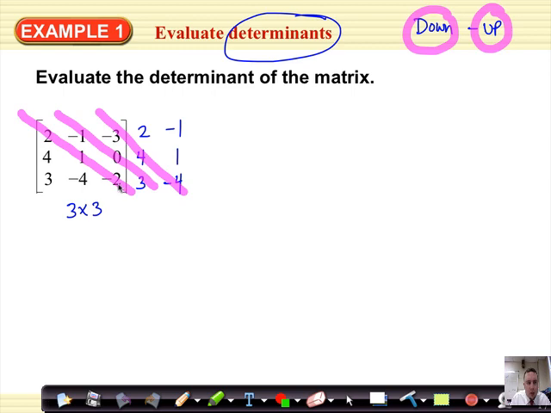What we do is we take one of these and we multiply everything in it, which makes 2 times 1 is 2 times -2, which is -4. I'm going to erase a little bit here so it's not confusing. Take the next one. -1, 0, and 3. -1 and 3 is -3 times 0.